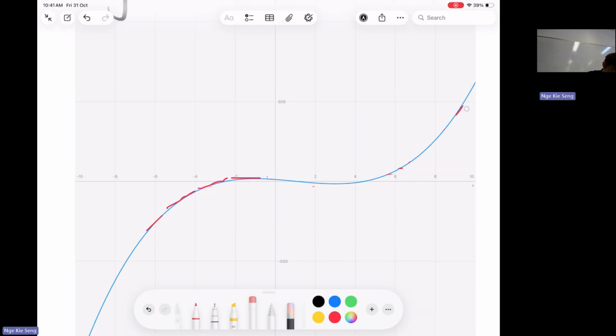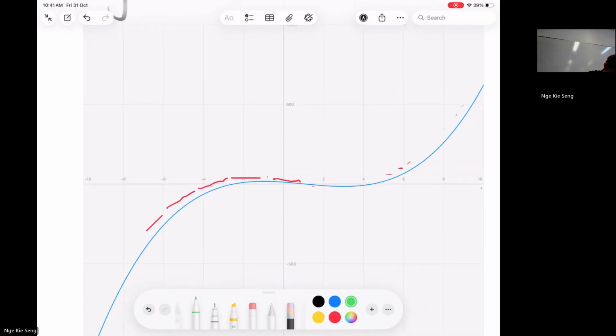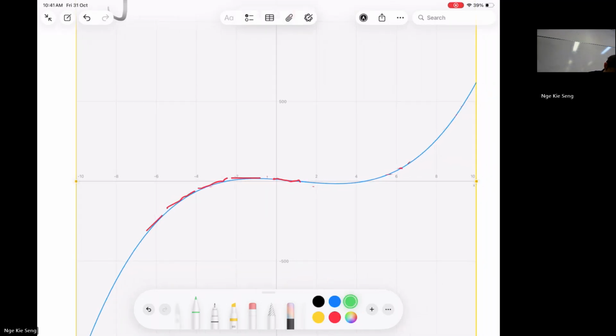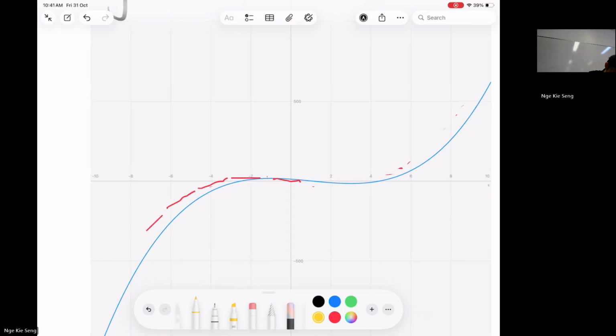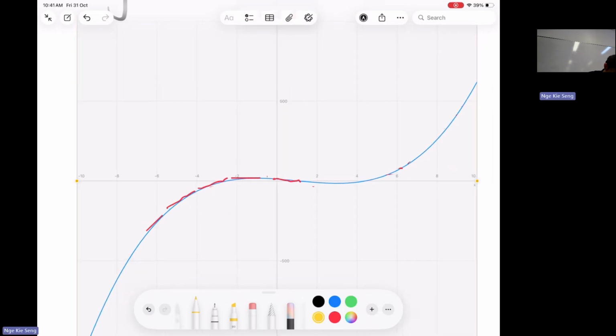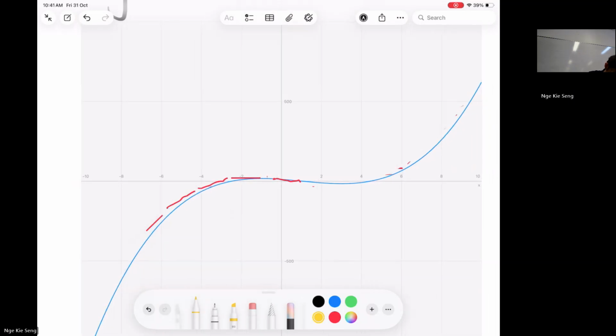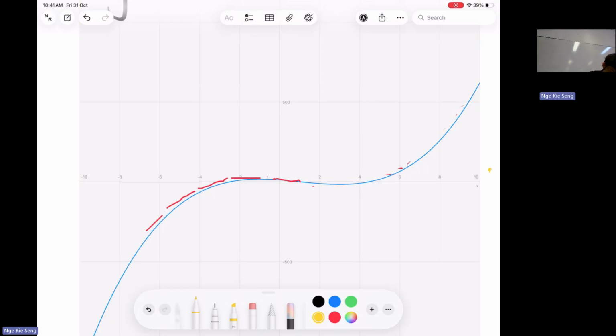Maybe that makes it a bit thinner. Okay, what happened? Why can't I draw the line?